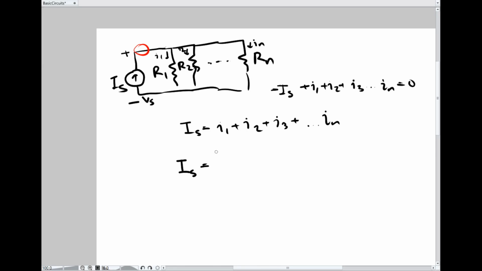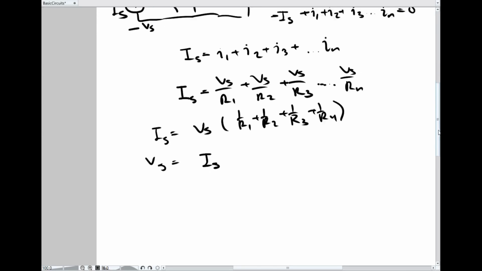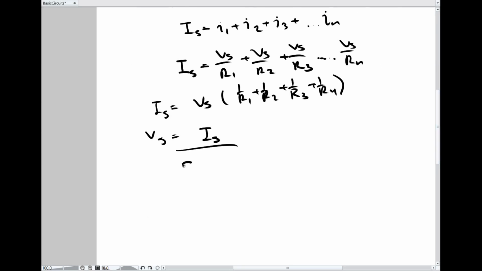So this is equal to V source over R1 plus V source over R2 plus V source over R3 and so on, V source over Rn. So I source is equal to V source times 1 over R1 plus 1 over R2 plus 1 over R3 and so on. So V source is equal to I source divided by the sum.